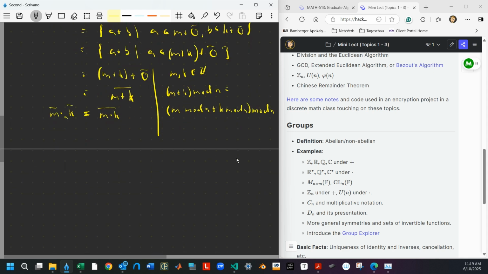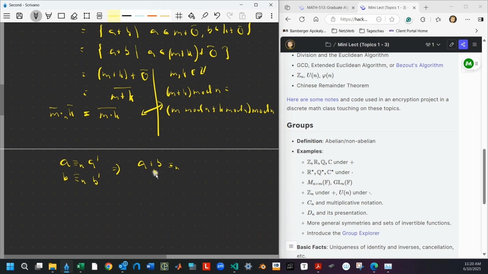Actually, I guess what you did was slightly different, but kind of the same. I mean, these two things basically say the same thing here. I guess what you did was a little bit different. It was like if A is equivalent mod n to A prime and B is equivalent mod n to B prime, then you got that A plus B is equivalent mod n to, in fact, no, so these are just integers, sorry.